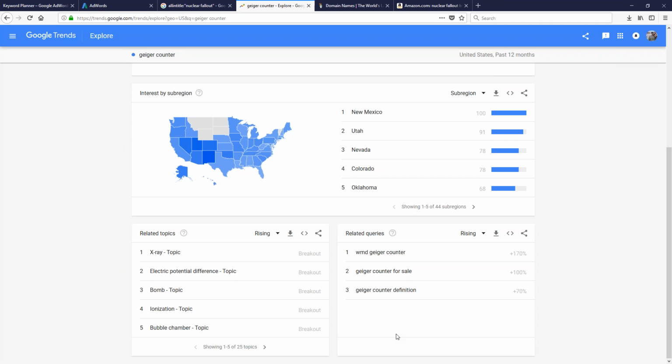Maybe there are some words or terms here that I hadn't really been considering before. Google will tell me information about that. Then I might take this information and go back to the keyword planner and back to the Google website to try to figure out how much traffic is available for some of these terms if I believe they would be a good term to try to target. Then I can also figure out how much competition there is for it.